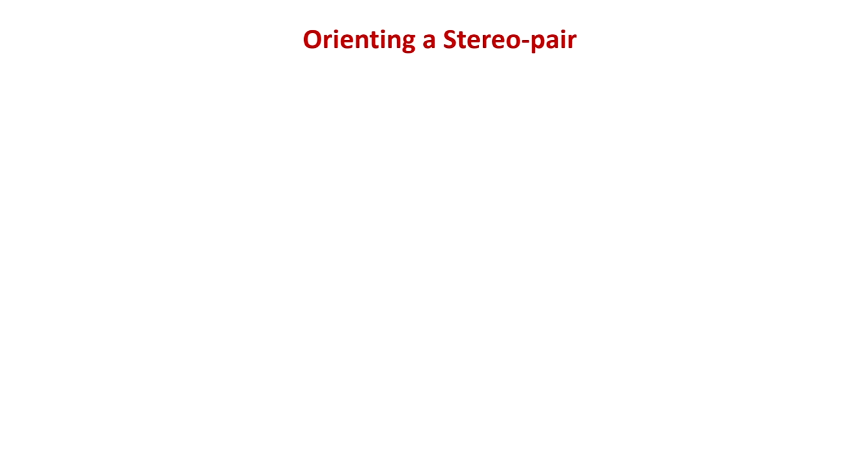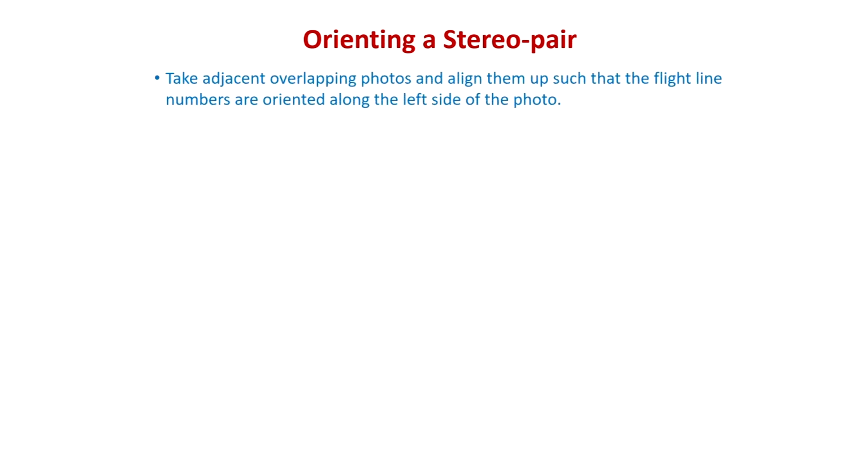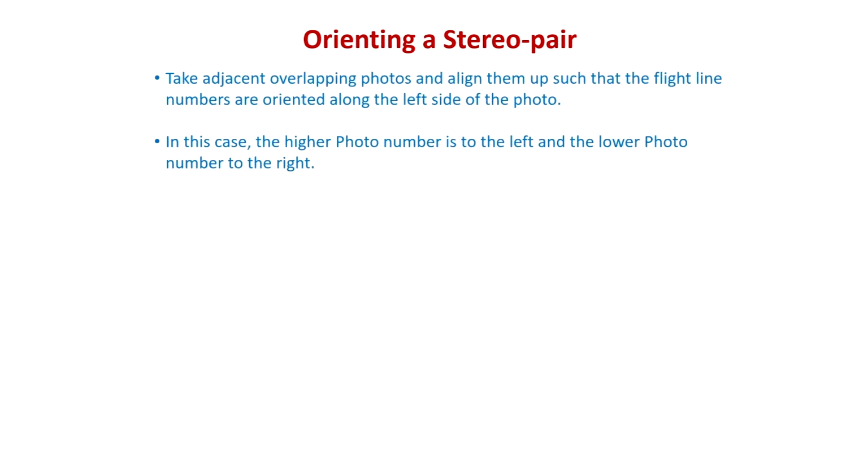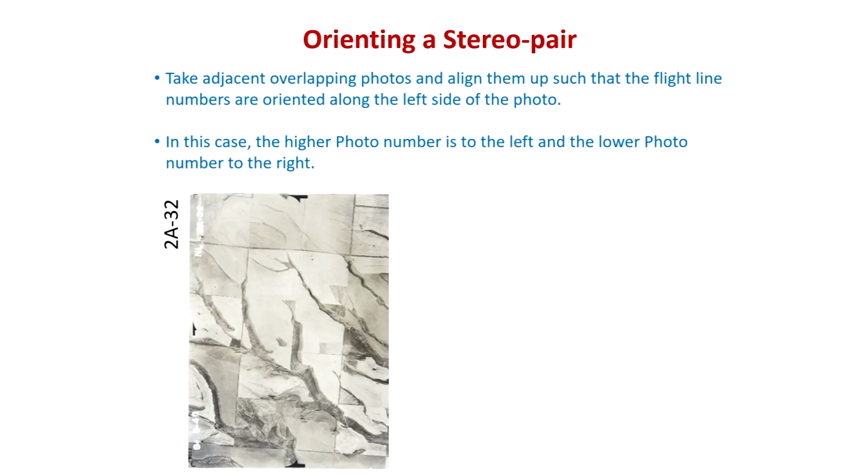Now, let us look at the orientation of the photographs. So what we do is we take two photographs which were taken during the mission, and these photographs have a particular number. This I also explained in the previous lecture when we were talking about different aerial photographs. Okay.